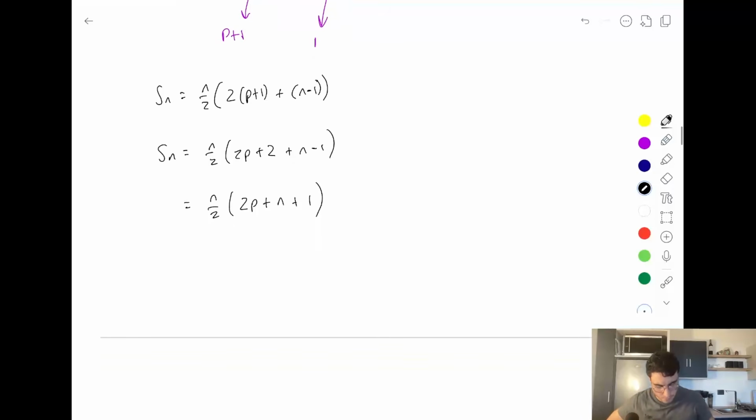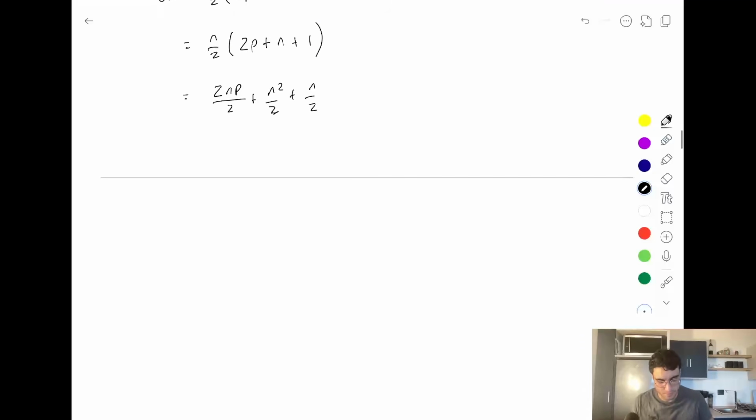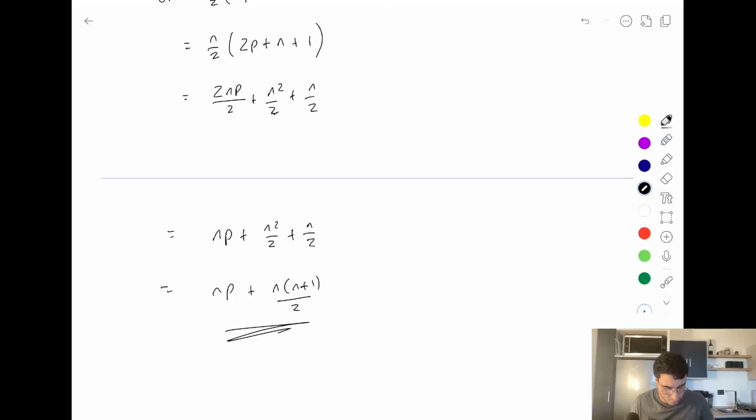If I multiply the n over 2 in, we've got 2np over 2 plus n squared over 2 plus n over 2, which gives np plus n squared over 2 plus n over 2, which equals np plus n(n plus 1) over 2. If you really want to simplify this further, that's your final answer, guys.